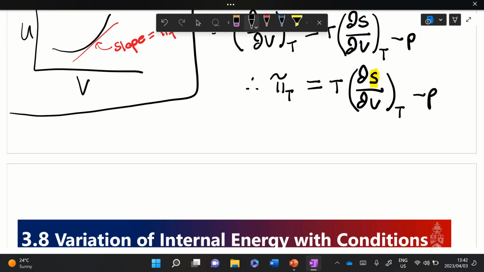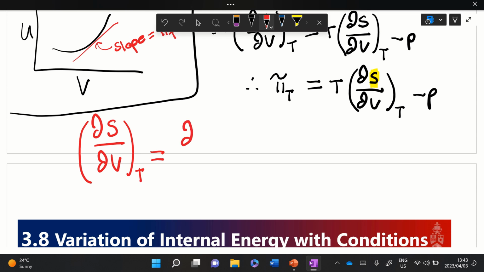So we can go to our Maxwell relations, and somewhere there is a Maxwell relation that says (∂S/∂V) at constant T is equivalent to (∂P/∂T) at constant V, which is what we want essentially, because we now have a P, a T, and a V instead of an S, a V, and a T.